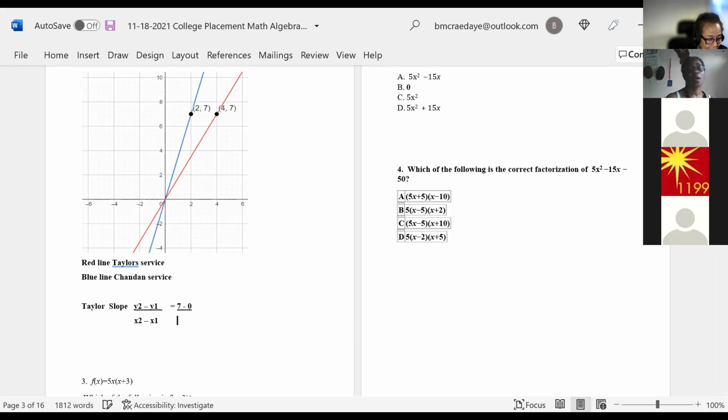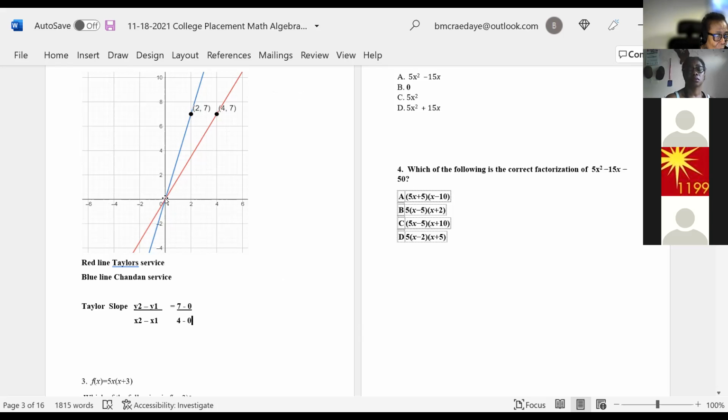So why do we have a pair? Because we have to have pairs, X and Y. You have 4 and 7, and 0 and 0. My second pair is 0 and 0 right here at the origin.